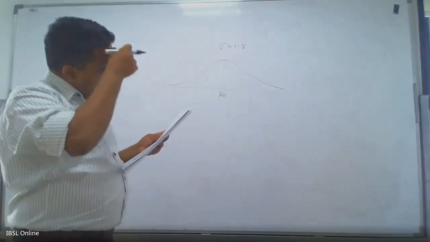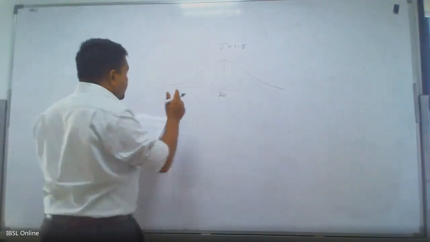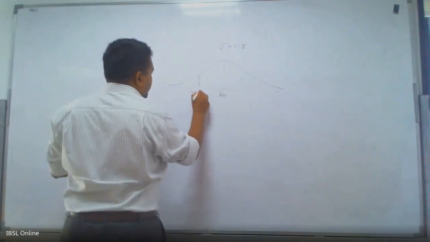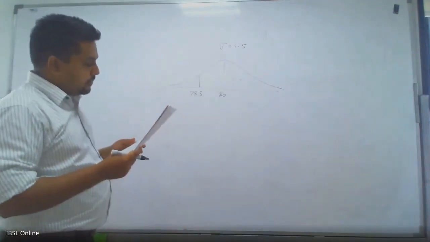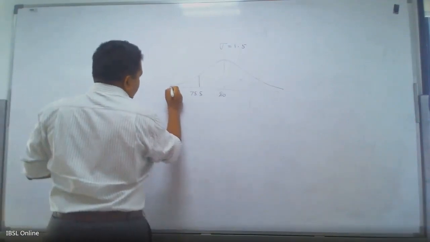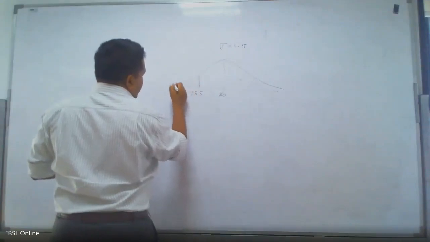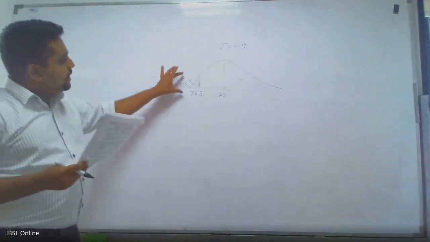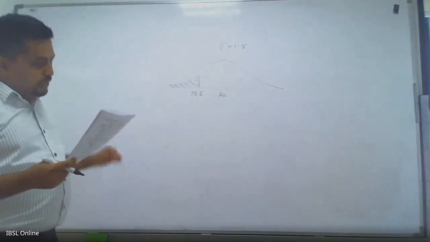The question asks, what is the probability that a set yogurt cup chosen at random weighs less than 75.5 grams? So 75.5 should come here, less than your mean. When you are asked the probability, we have always come to the conclusion that the area under the curve should give the total probability of that particular event lying in this particular area.